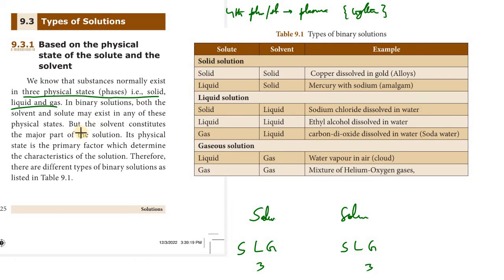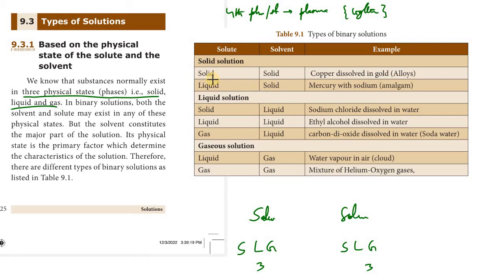But the solvent constitutes the major part of the solution. Its physical state is the primary factor which determines the characteristics of the solution. So basically, the solvent's properties dominate the properties of the solution. Therefore, we can have the following types of solutions.